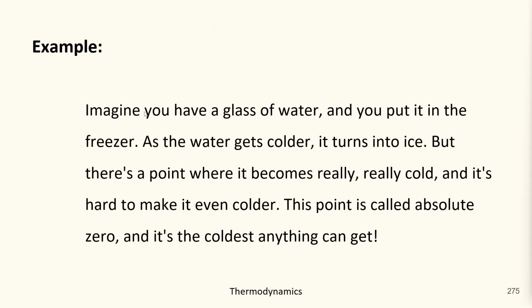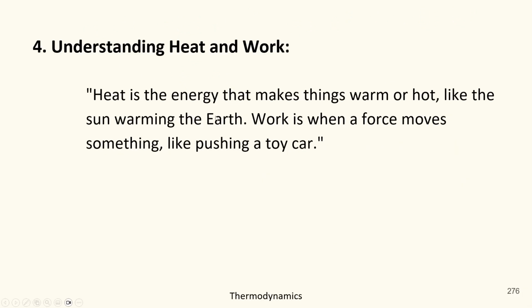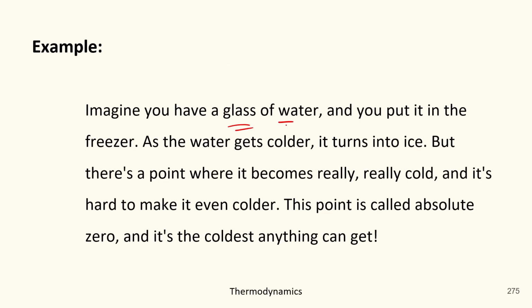Suppose you have a glass of water and you put it into the freezer. As the water gets colder, it turns into ice, but there is a point where it becomes really cold and it's hard to make it even colder. This point is called absolute zero and it is the coldest anything can get.